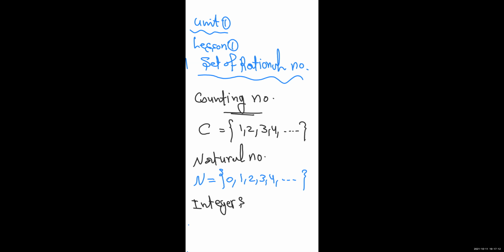Last year, in grade 6, in the second term, we studied the integers and we denoted that one with the letter Z. The integers are the set of 0, the positive numbers and the negative numbers. So integers are 0 and positive 1 and 2 and 3 and so on, and negative 1, negative 2, and so on. So this year we are going to start another set of numbers, which is the rational numbers.